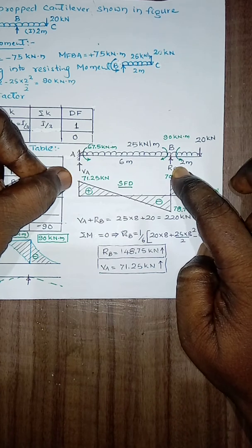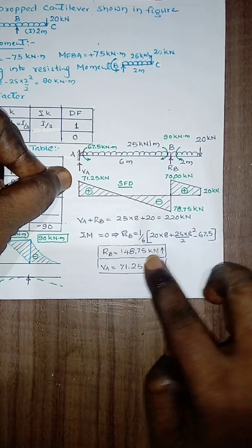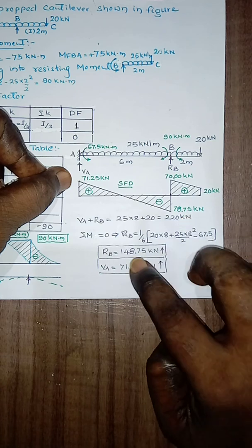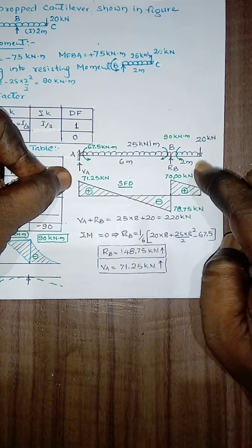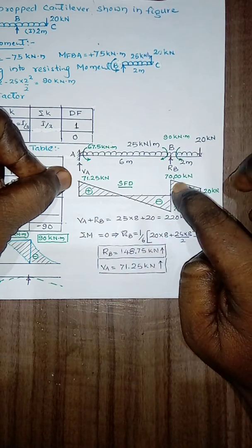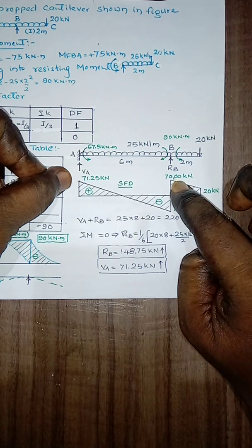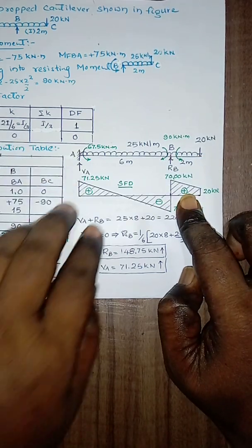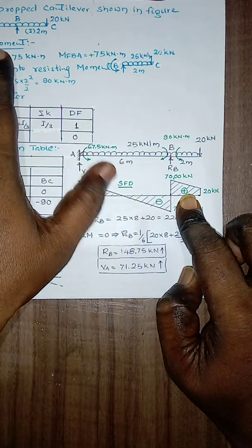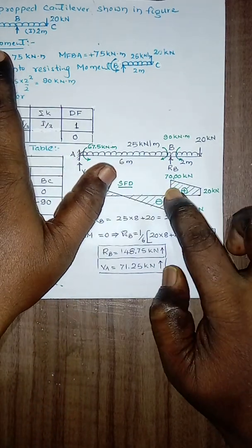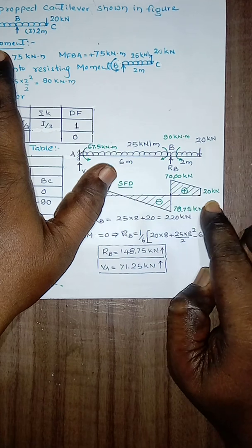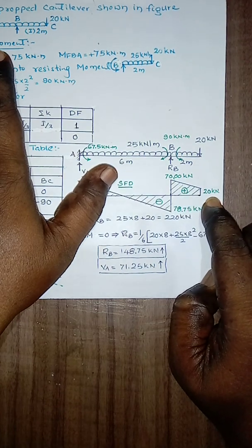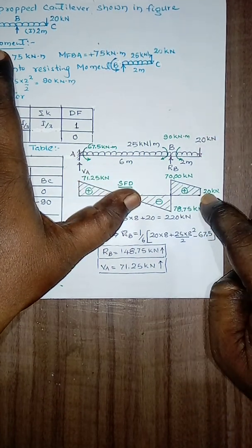Then again there is a reaction at B, minus 78.75 plus 148.75, that equals 70 kilonewton. Again there is a UDL, 70 minus 25 into 2, that is 50, that is 20 kilonewton. Here 20 minus 20 is 0.